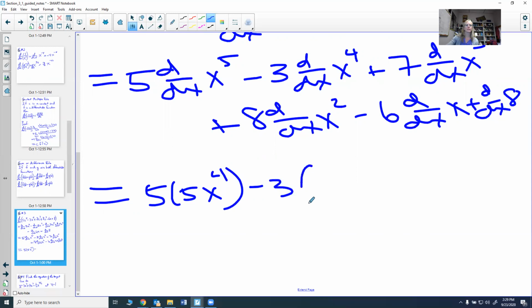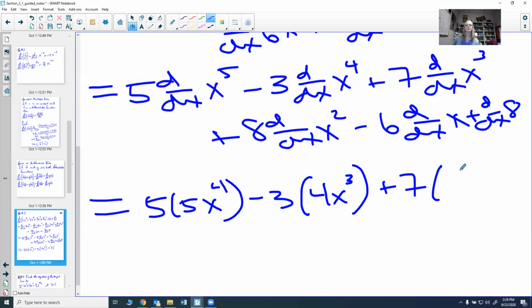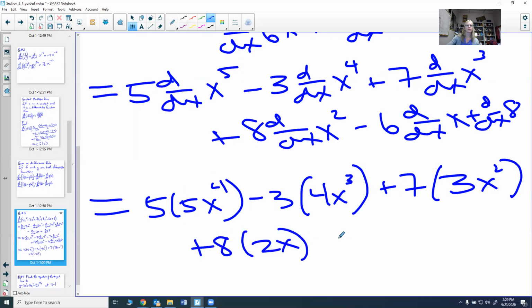Then it'd be minus 3 times, bring the power down, subtract 1 from the power. Bring the power down, and subtract 1 from the power. Bring the power down, subtract 1 from the power. The derivative of x, remember, is just 1, and the derivative of 8 is just 0, it's a constant.